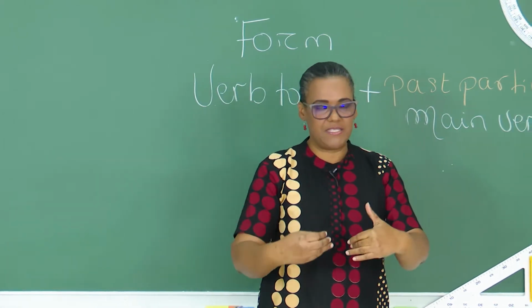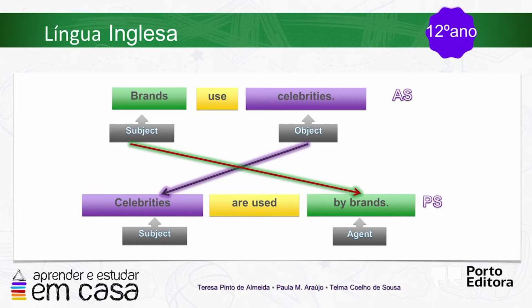So, we have here a sentence: brands use celebrities. This sentence is in active voice. Here we have the verb use in simple present.